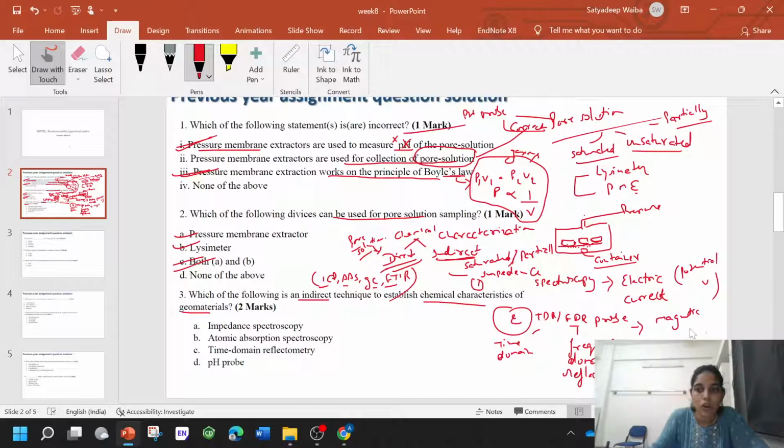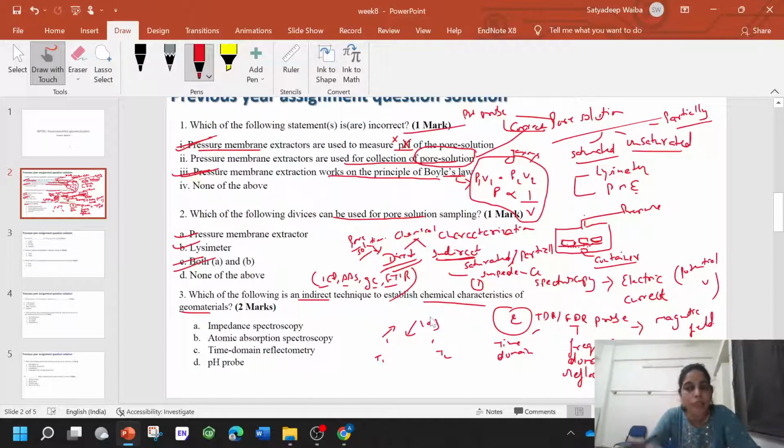What happens is that at different time intervals, let's say T1 to T2, the voltage is provided to the system. Once it hits a certain type of chemical or a certain type of metal, it comes back with a lag.